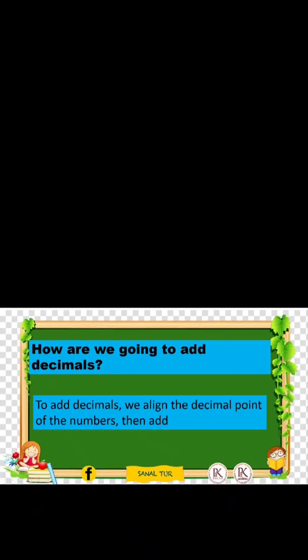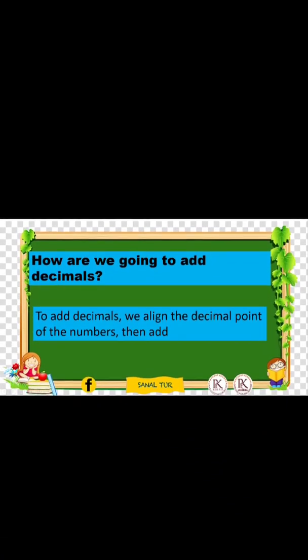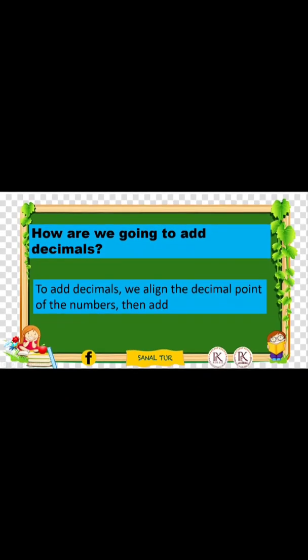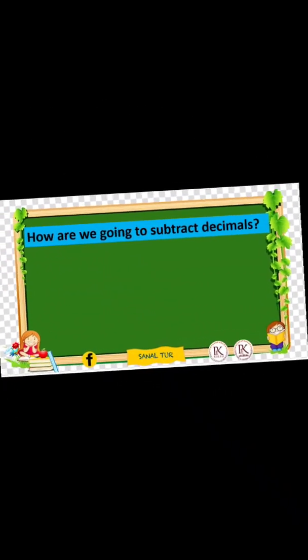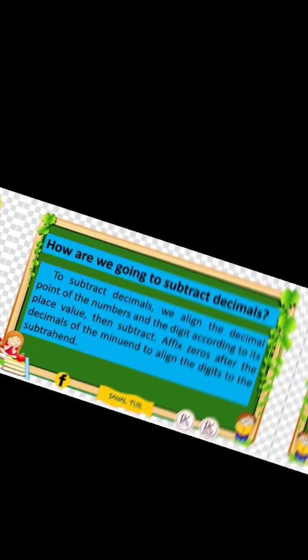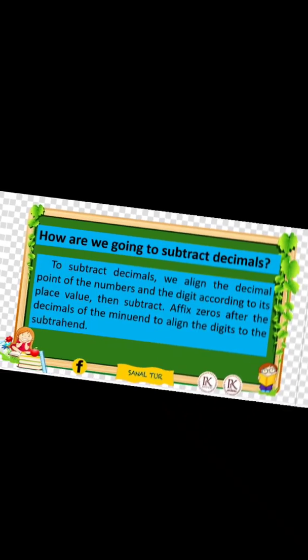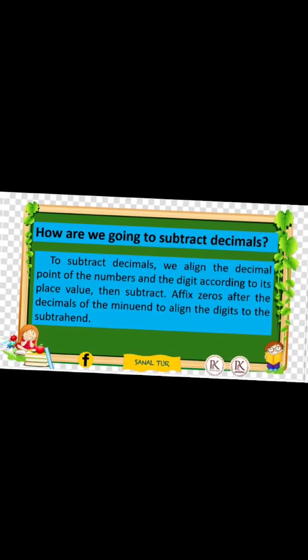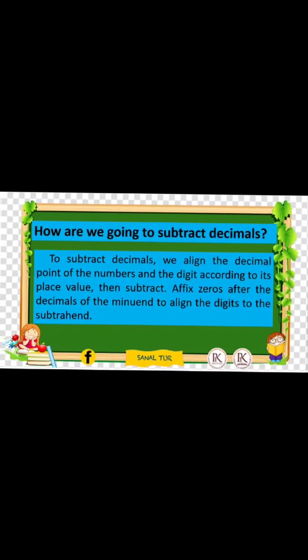Very good. To add decimals, we align the decimal point of the numbers, then add. How are we going to subtract decimals? Excellent. To subtract decimals, we align the decimal point of the numbers in the digit according to its place value, then subtract, affix zeros after the decimals if needed.